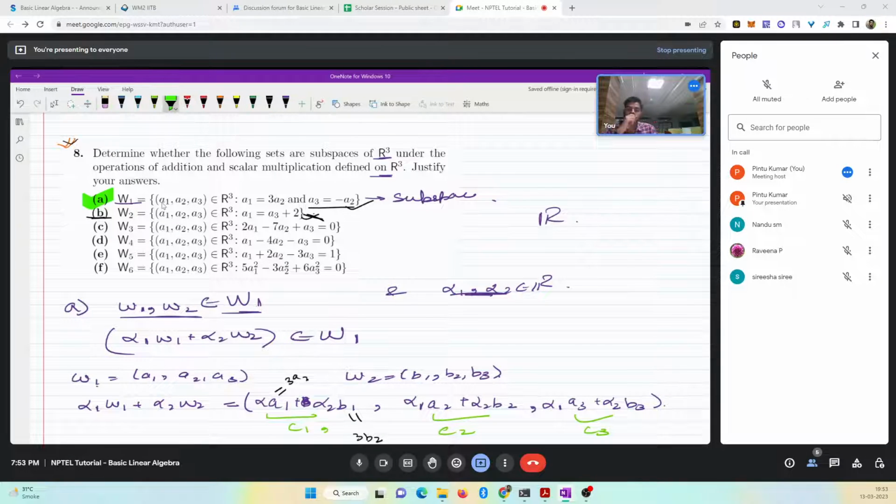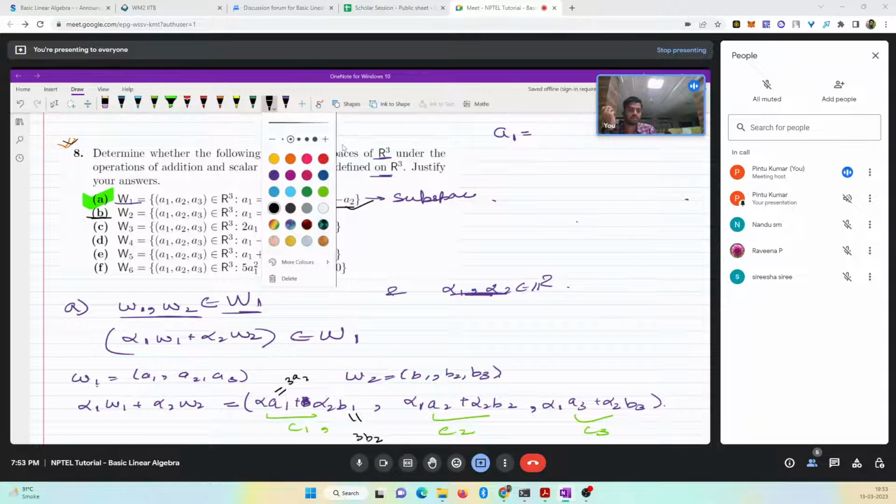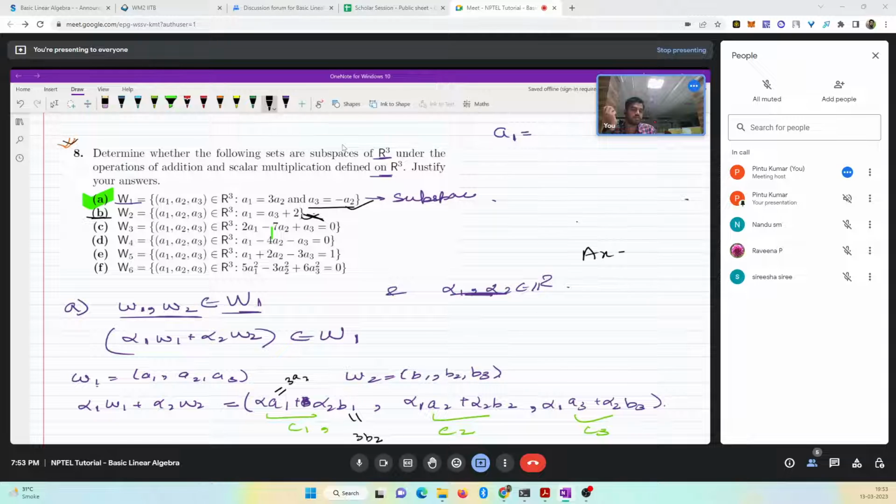See, one trick is if you have these kind of equations written, and on the right hand side you have 0, as I said, then Ax equal to 0, the solution space of this is always a subspace, right? If you look at this first example, this was a1 equal to 3a2. Whenever you talk about something of the form Ax equal to b, all the variable terms are on the left hand side.